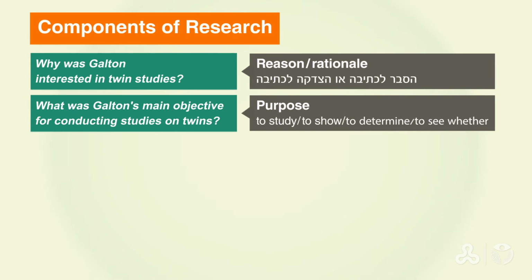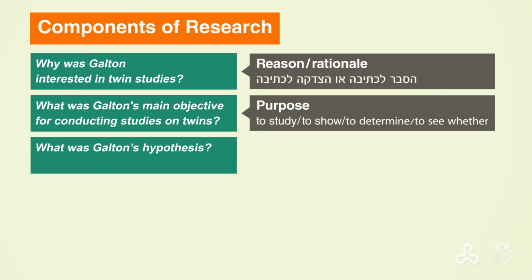Now usually when you're looking for a purpose in the text, you look for these verbs, הפעלים האלה, to study, כן? החוקרים רצו לחקור משהו, to show, להראות משהו, להראות תופעה מסוימת, to determine, לקבוע משהו, or to see whether, לבדוק האם. All of these words can tell you that the text is talking about purpose. Okay? מדברים על מטרה.